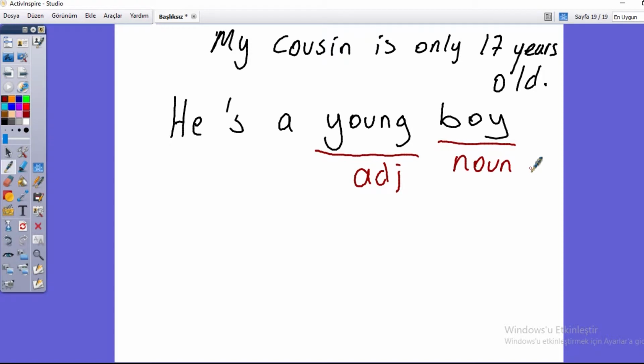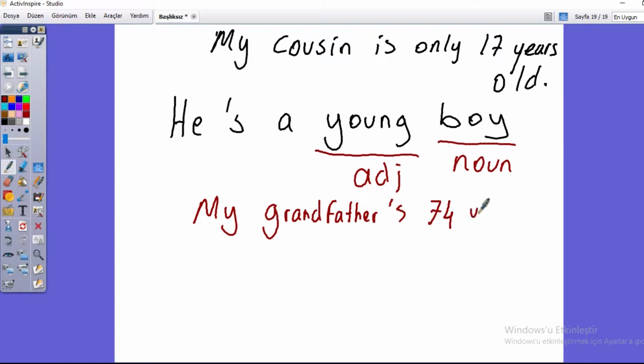My grandfather, now he is 75 years old. So, he is an old man. He is an old man. Let's write it. My grandfather is 75 years old now.